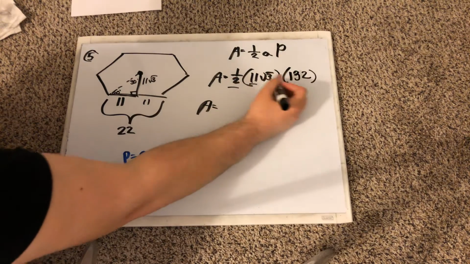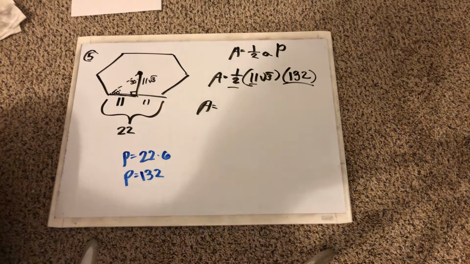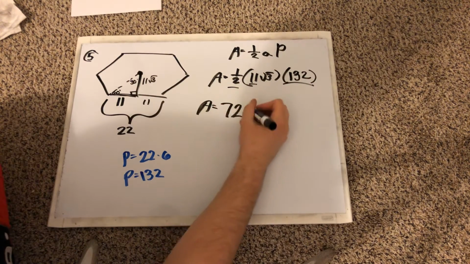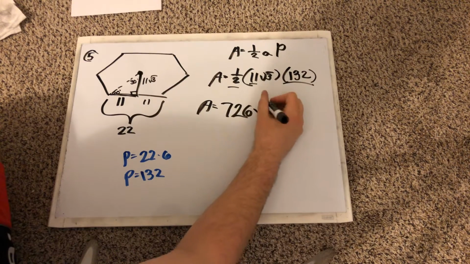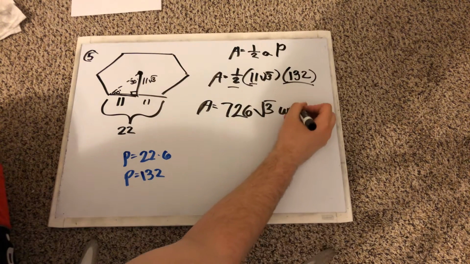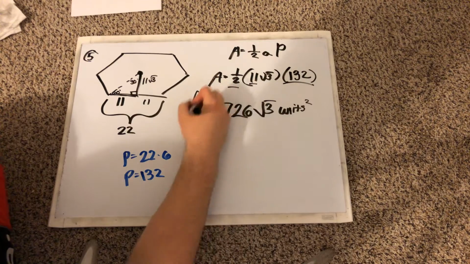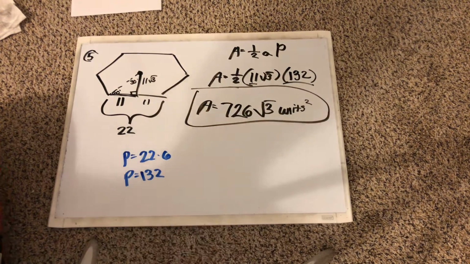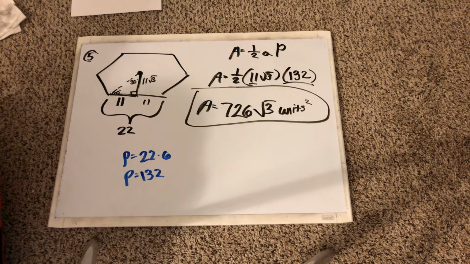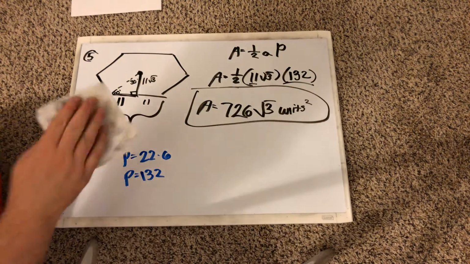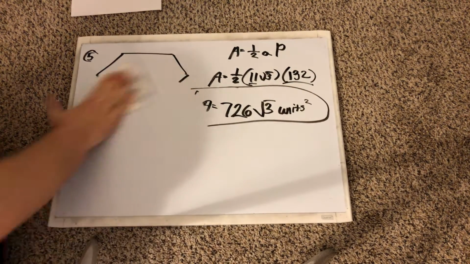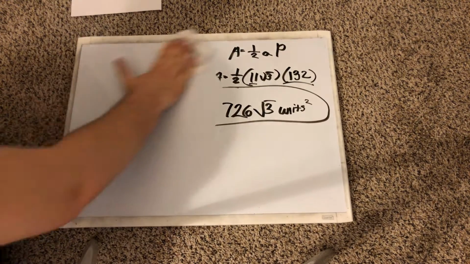One half times 11 times 132 is 726 square root 3 units squared. Not too shabby? I don't think so. You guys are smart. I believe in you.